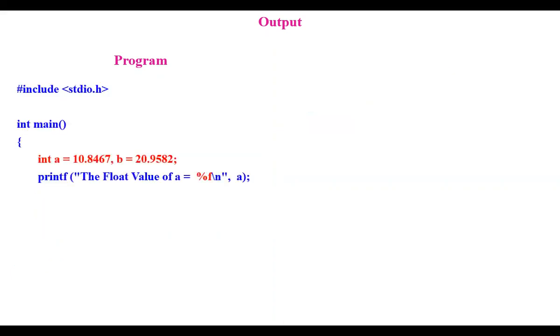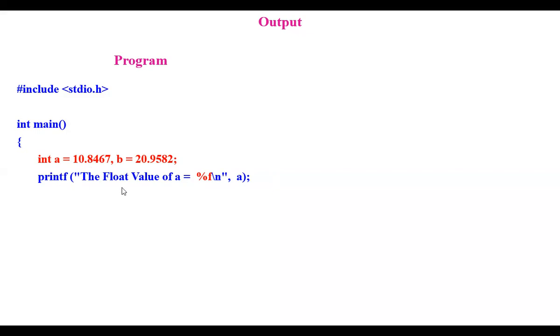Suppose I have declared the variables a and b as integers. But if you observe one thing, I have actually taken float values and declared them as integers. Let us see how it acts and how it displays.